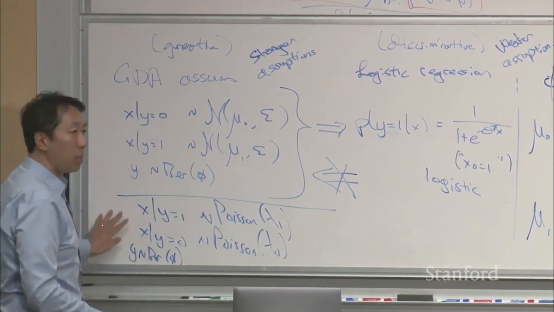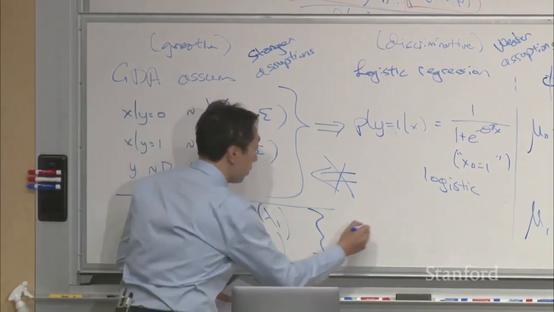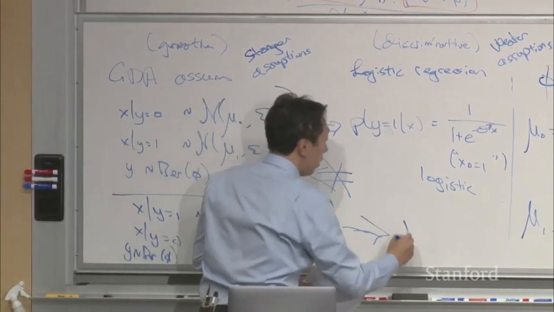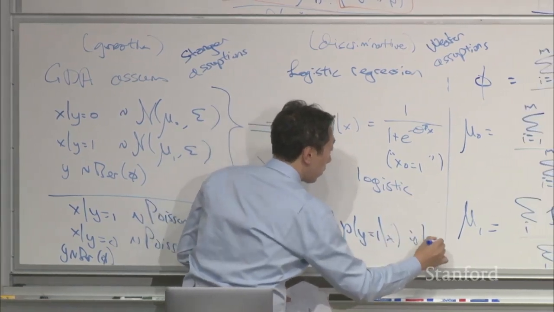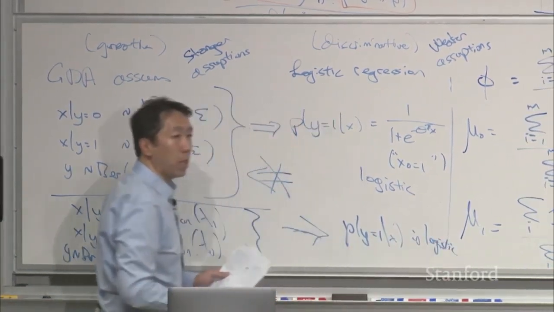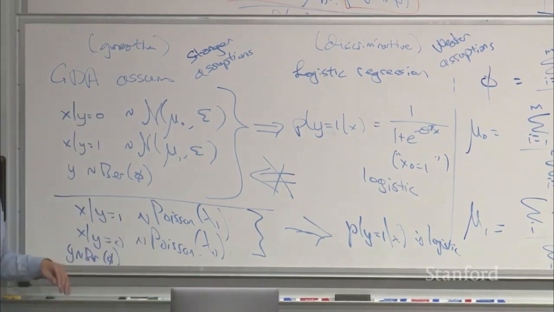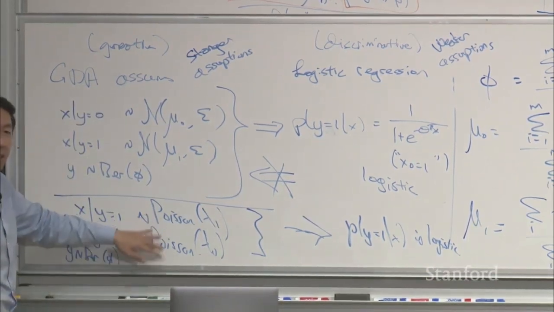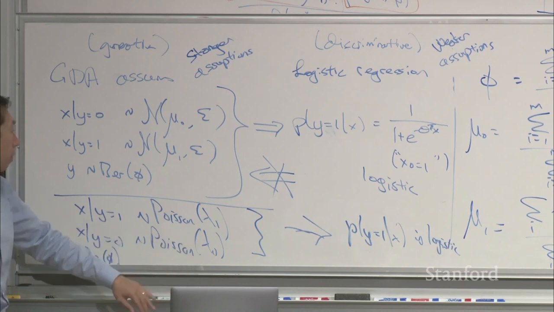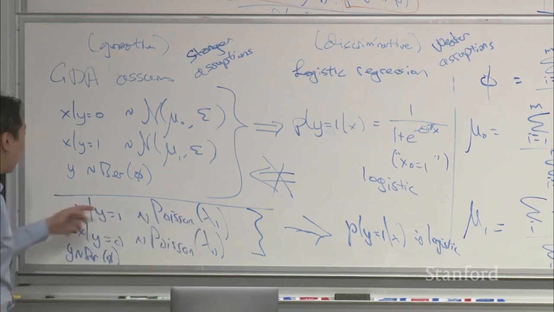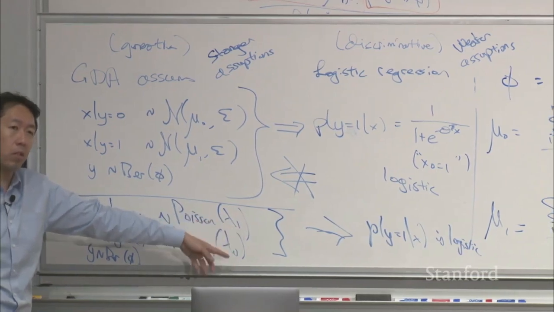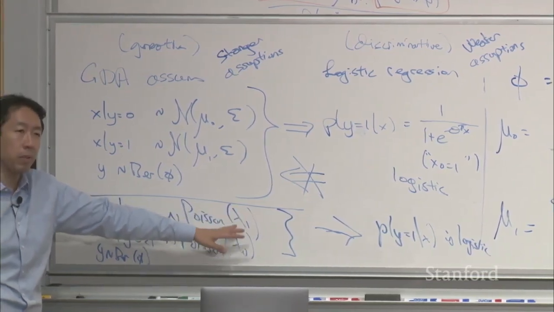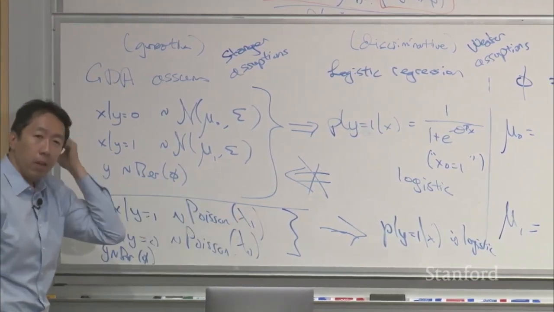It turns out that this set of assumptions also implies that P of y equals 1 given x is logistic, okay? And you can prove this. And this is actually true for any generalized linear model, where the difference between these two distributions varies only according to the natural parameter of the exponential family distribution, right?